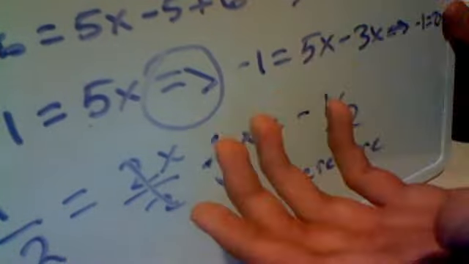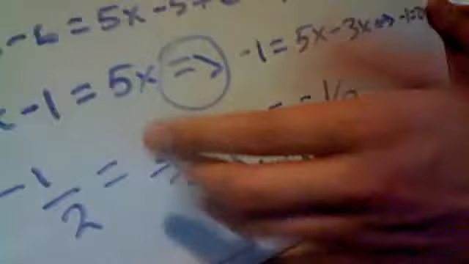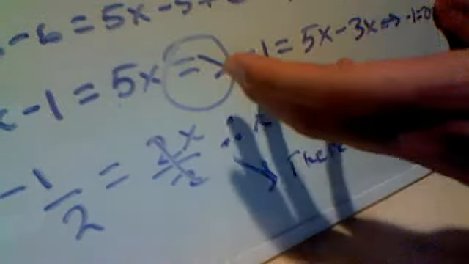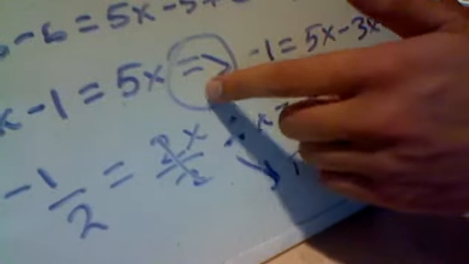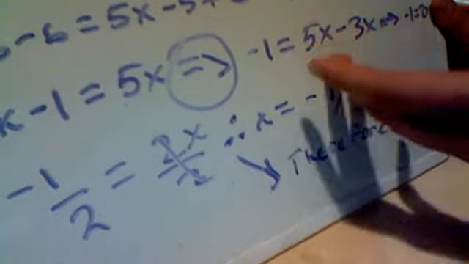That is a notation I use to mean implies. I have 3x minus 1 equals 5x, which implies that minus 1 equals 5x minus 3x. We did that by subtracting 3x from both sides to get the x on one side of the equation and the constant on the other.